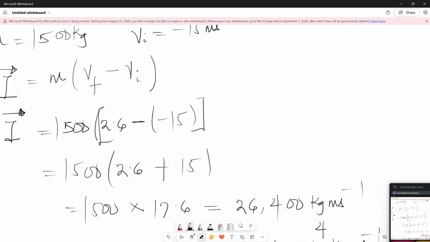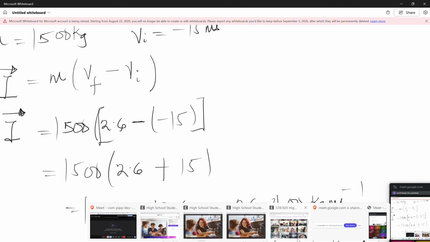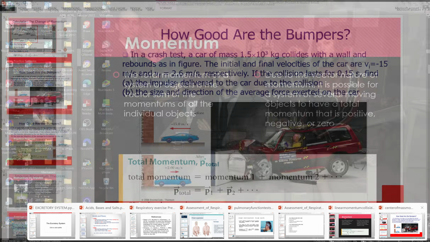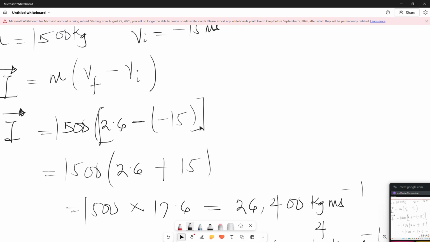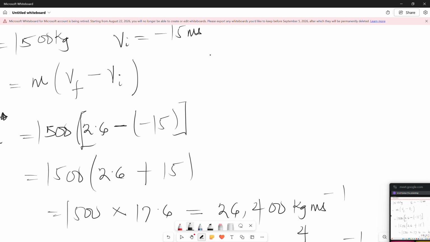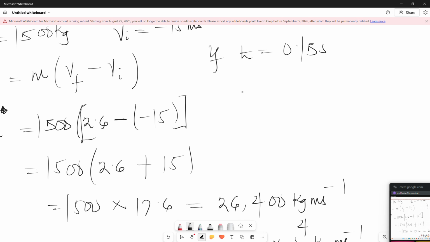So yes, you're given time. The time given there is 0.15 seconds. So if time is equal to 0.15 seconds, you've already gotten your impulse. Impulse is equal to 2.64 times 10 to the power of 4 kilograms meter per second.